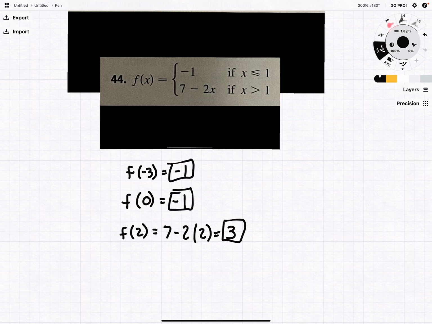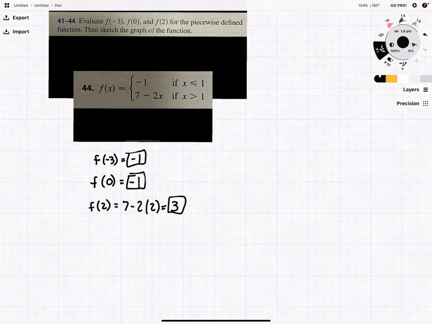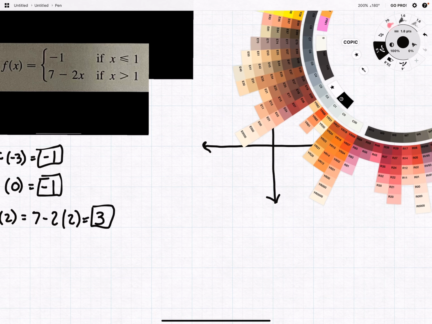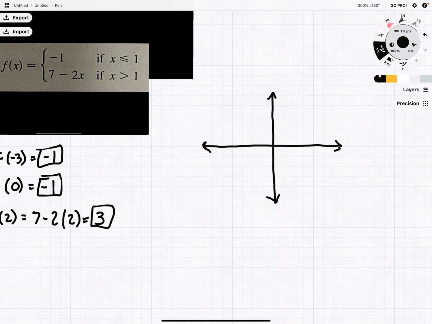Then the second part of the question tells us to graph it. So let's go ahead and do that. Pretty much anytime x is less than or equal to 1, then it's just going to have a y value of -1.